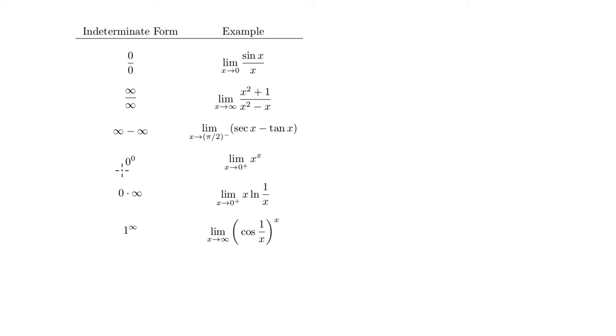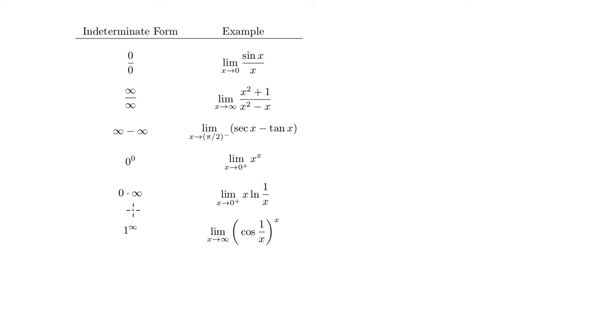I know that 0 to a number other than 0 is going to be 0, and a number that's not 0 raised to the 0 is going to be 1, but what is something going to 0 raised to something going to 0? It really depends on the rates of change of those functions, how they're approaching 0. Just like here when you have infinity, it's going to depend on the rates of change and how quickly those functions are going to infinity.